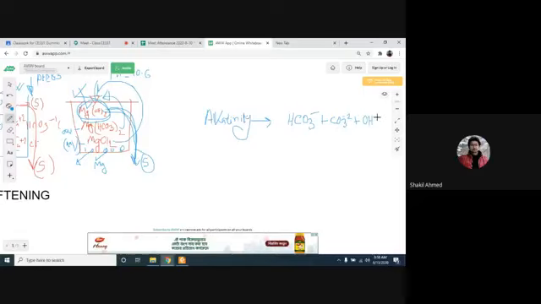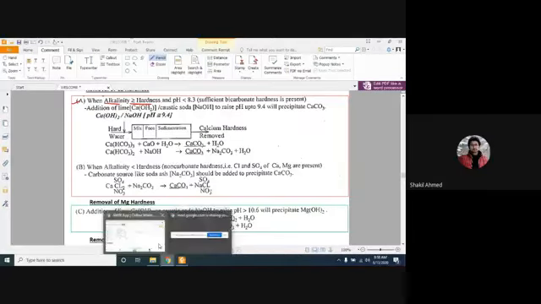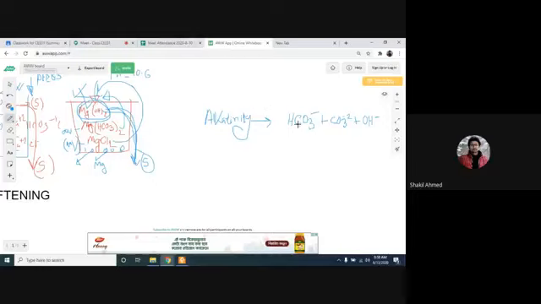Now, if you have alkalinity greater than hardness, that means your alkalinity is higher. That means you have a sufficient amount of bicarbonate and carbonate.